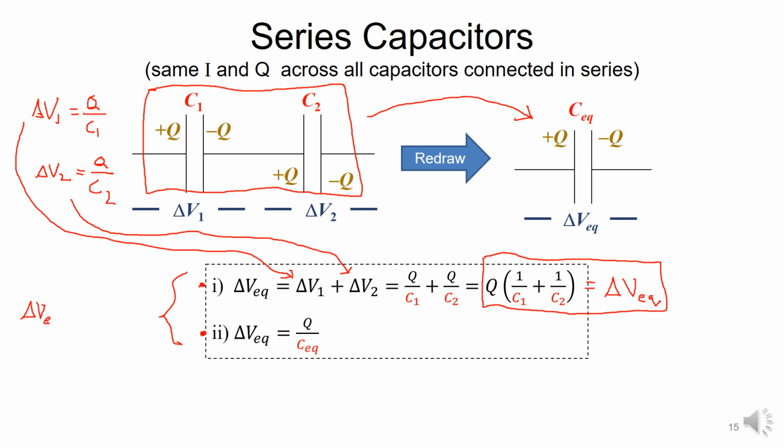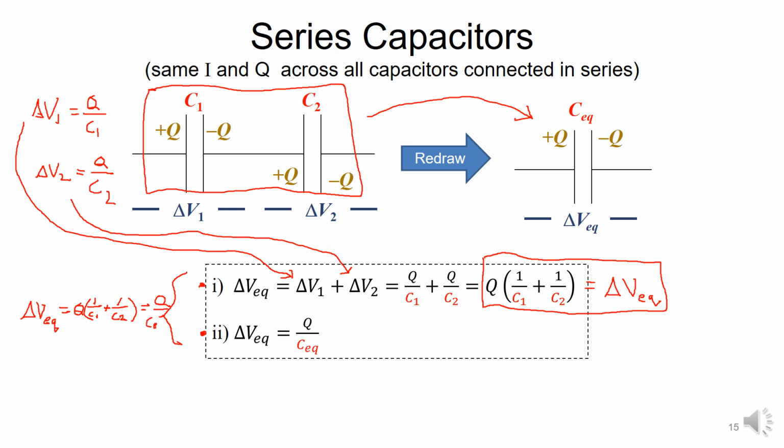Okay, so delta V equivalent equals Q times (1 over C1 plus 1 over C2), and that's equal to Q over C equivalent.